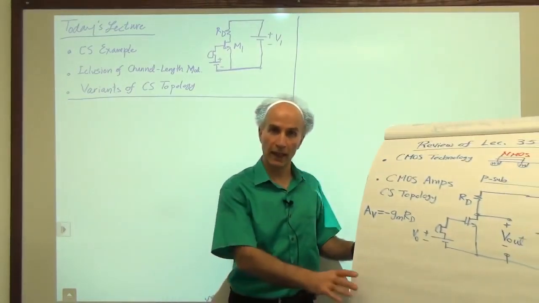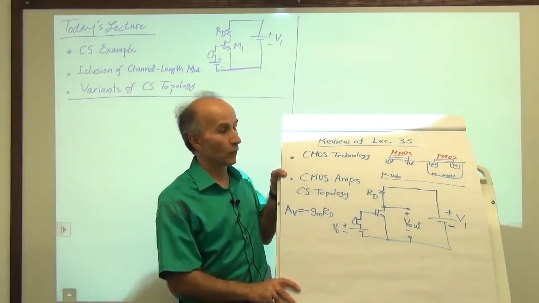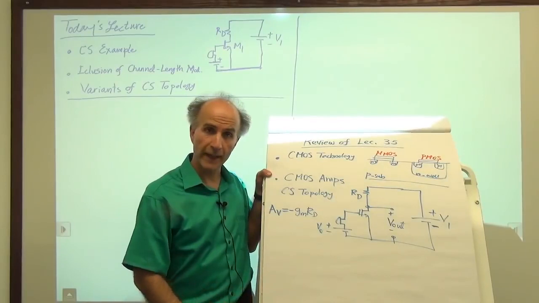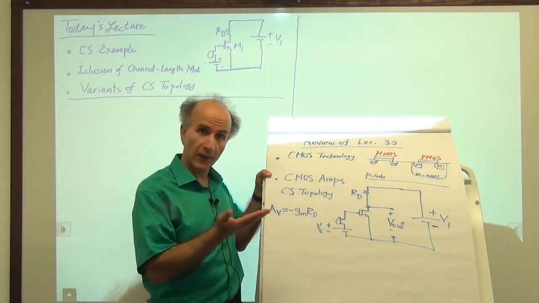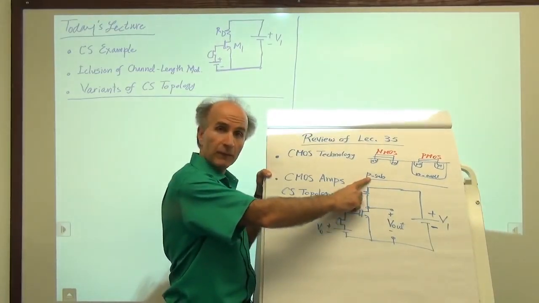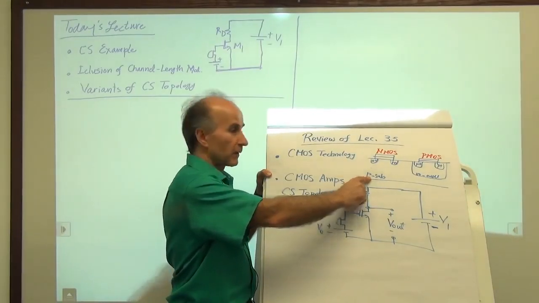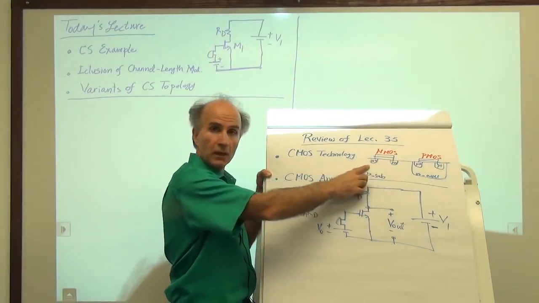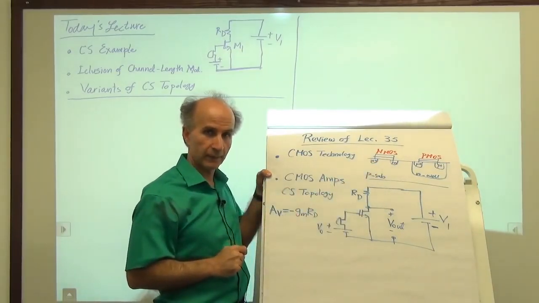CMOS technology and amplifiers. We saw that in order to build both NMOS and PMOS devices on the same wafer, on the same substrate, we start out with a P-type wafer. So we have P doping in the substrate. And then we build the NMOS device, as shown here, using N pluses for the source and drain.